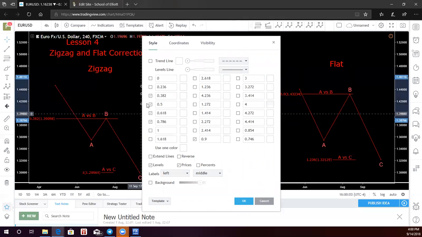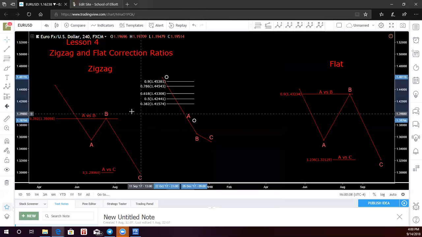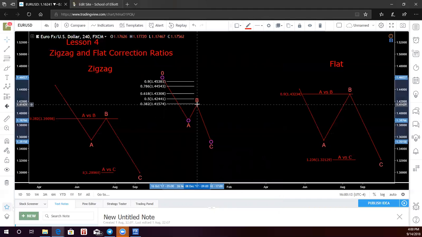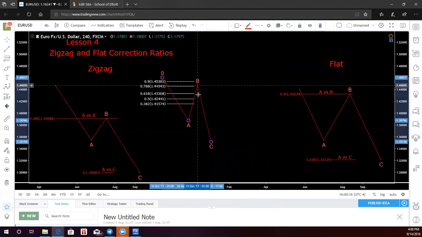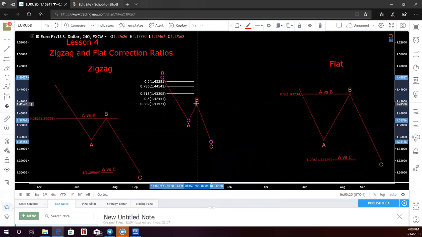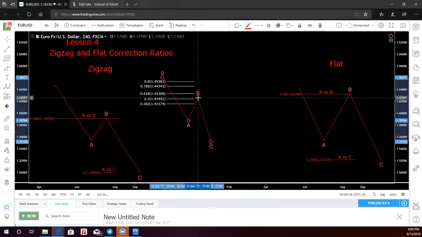So the four you would want to pay attention to, again, are the 0.382, the 50%, 0.618, and the 0.786. So B will be on any of these ratios, except the 0.90, with the 50% and the 0.382 being the most common. We'll just put it at the 50% for this one.